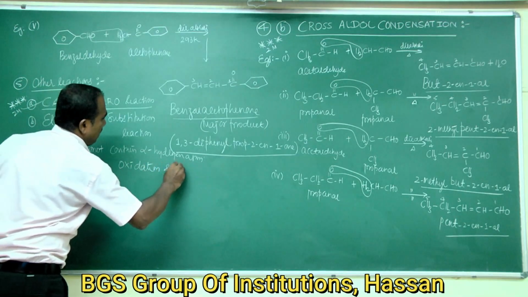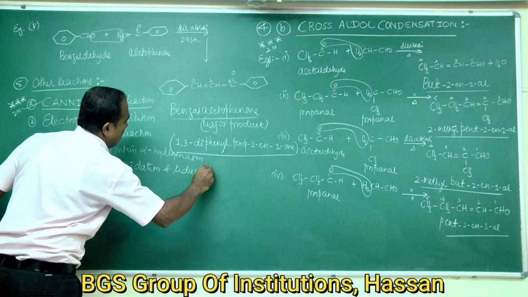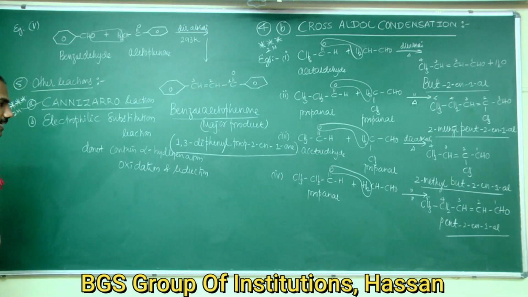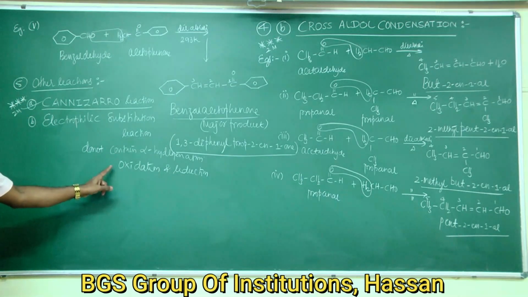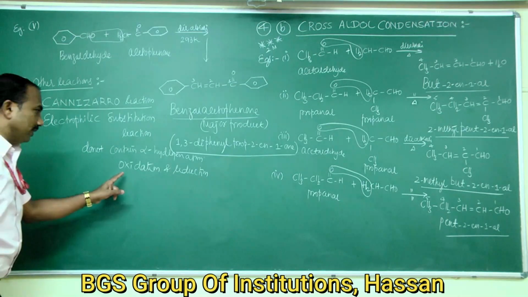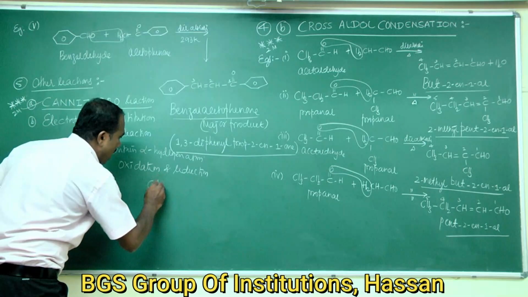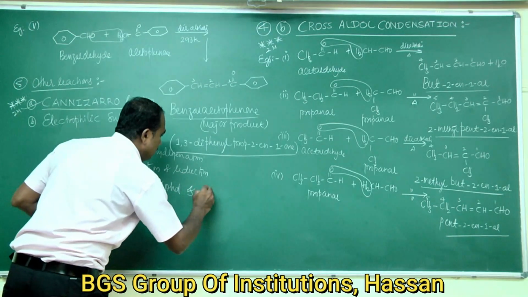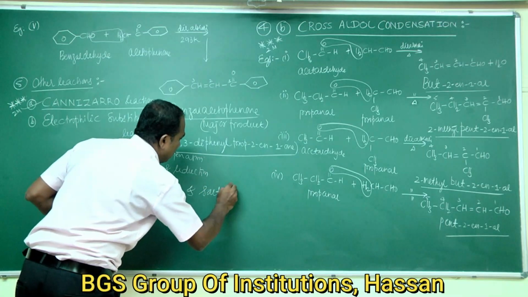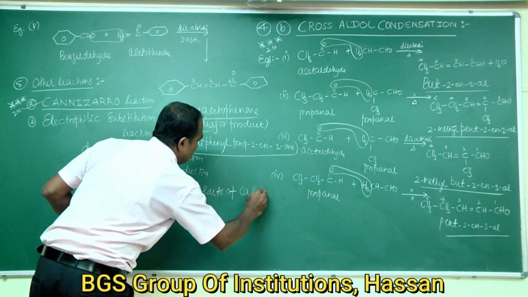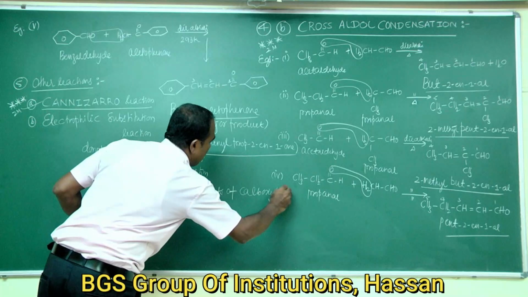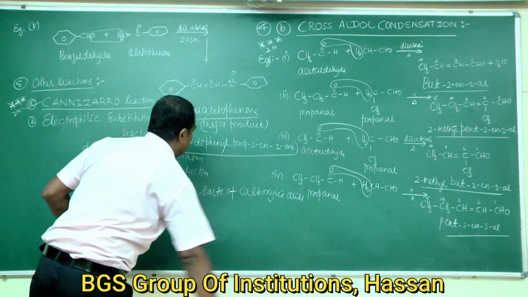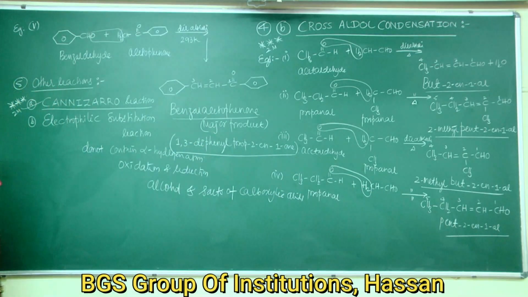That is a disproportionation reaction, to give a mixture of alcohol and salts of carboxylic acids. So this reaction is known as Cannizzaro's reaction.